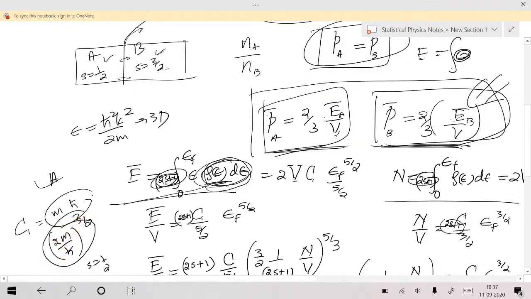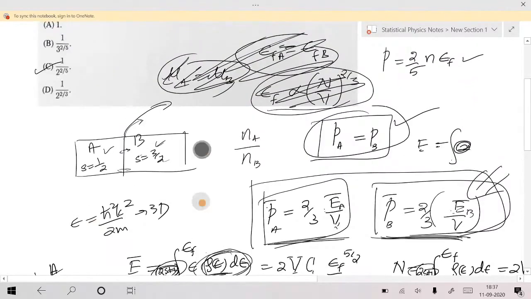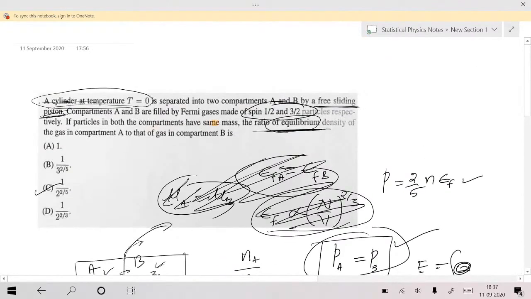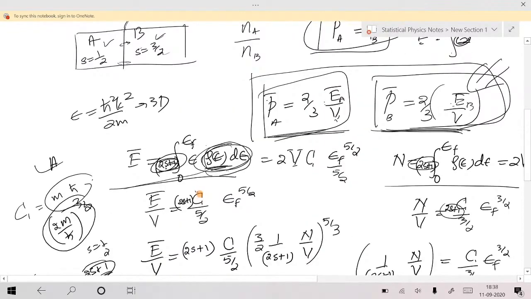That's what we have written. Look at here, he said same mass. Look at the question. We haven't talked about mass here, isn't it? Both have the same mass. So where does mass come in this one? Suppose he changed mass, I should have taken that mass dependency also here. That's how you have to deal here. Is it clear?